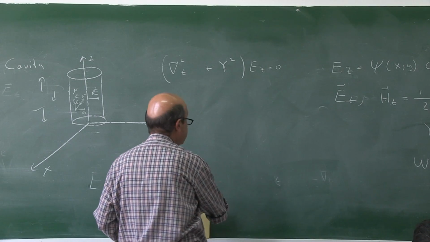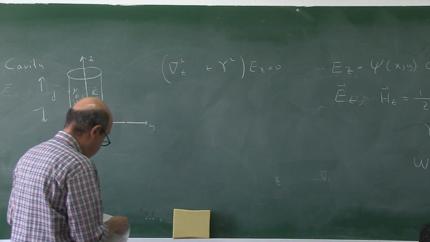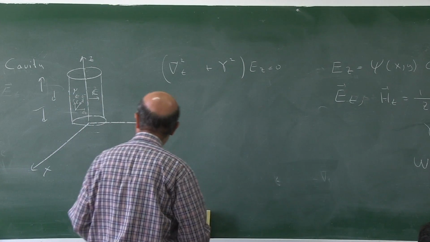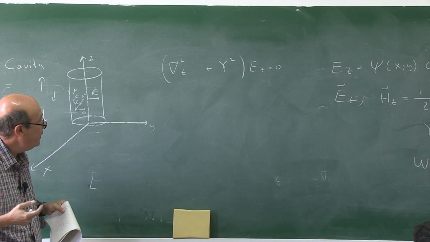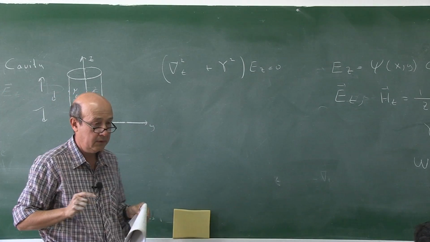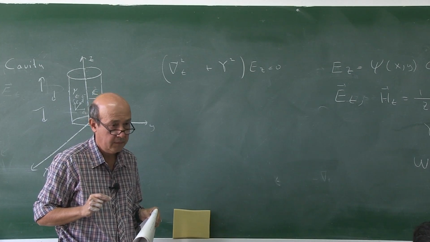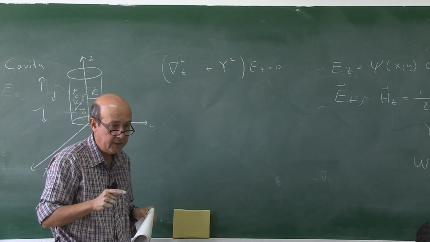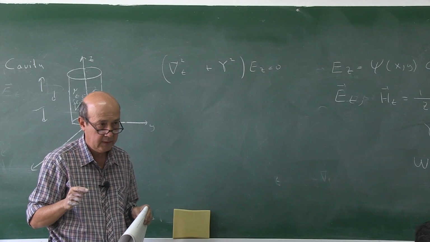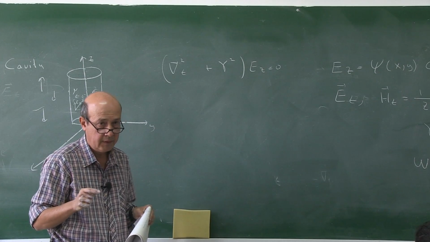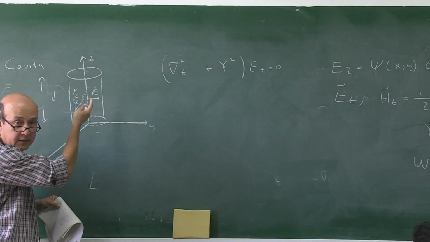How do we obtain the gamma values? For this specific case, if you choose the cylindrical geometry, what is the Laplacian for the transverse? Is it Cartesian, spherical, or cylindrical coordinates? Cylindrical coordinates, because you have a cylinder here.